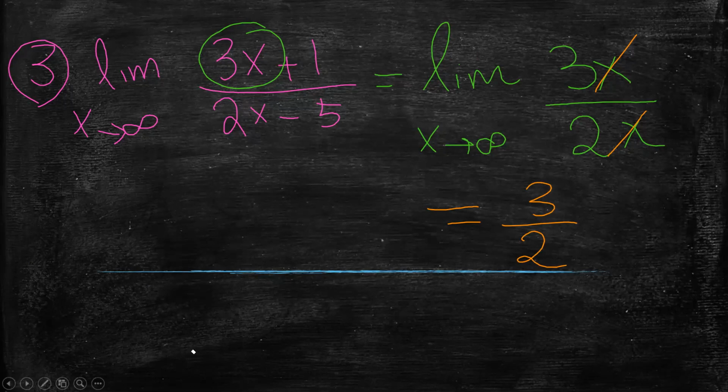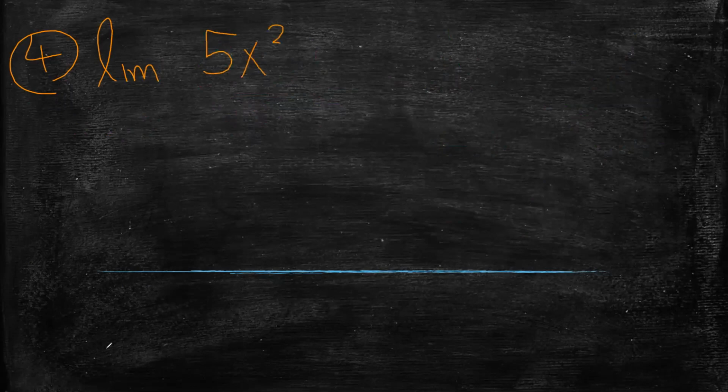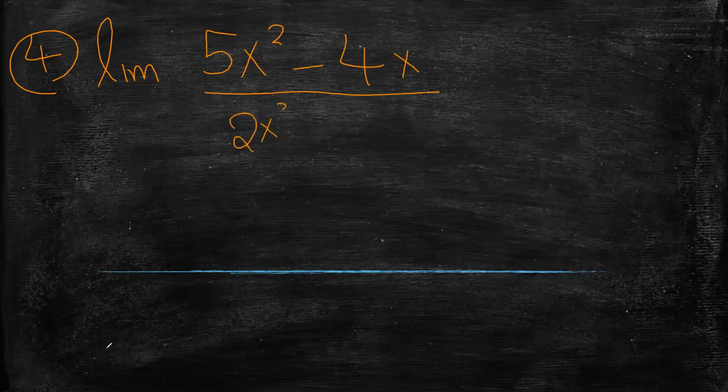Let's now do number 4. In number 4 now, limit of 5x squared minus 4x over 2x cubed plus 3 when x approaches infinity.